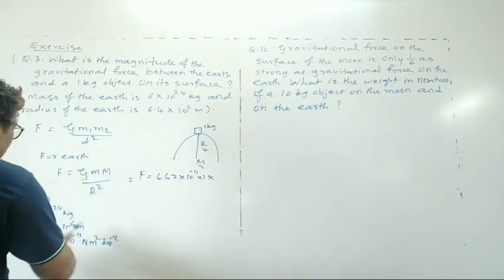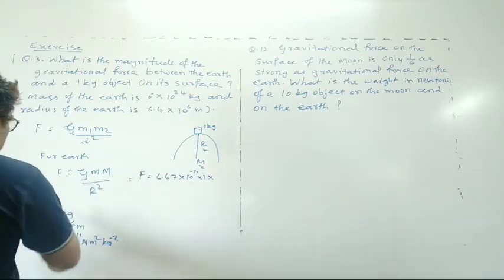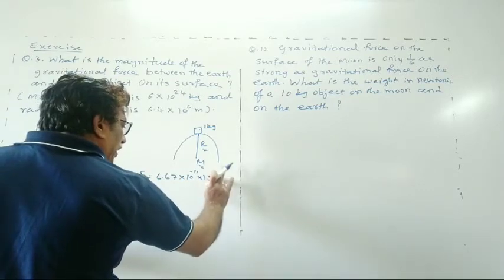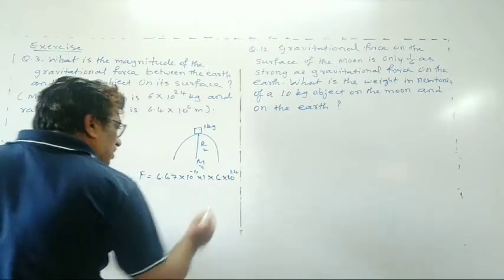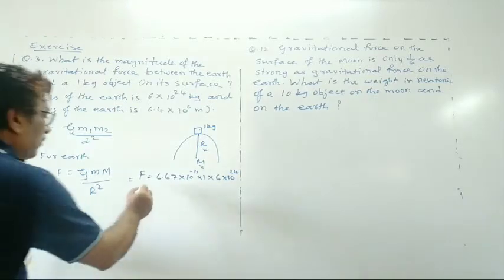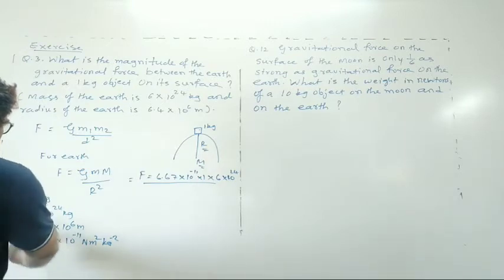Then you write the capital M, the mass of the Earth, 6 multiplied by 10 raised to 24, and upon R square.